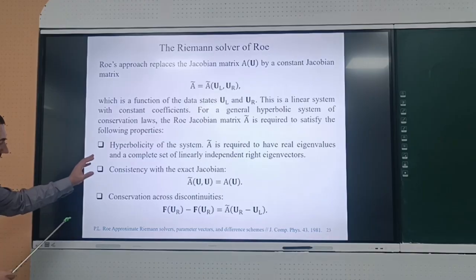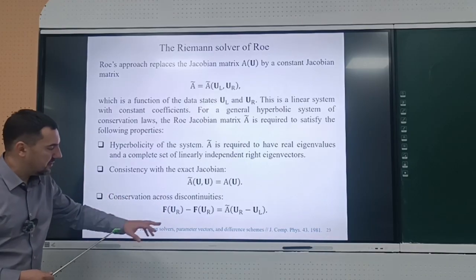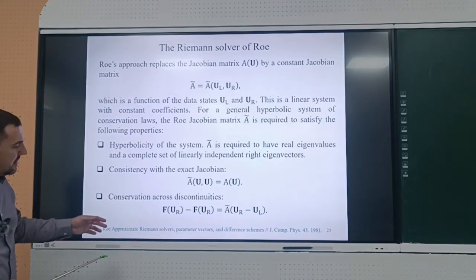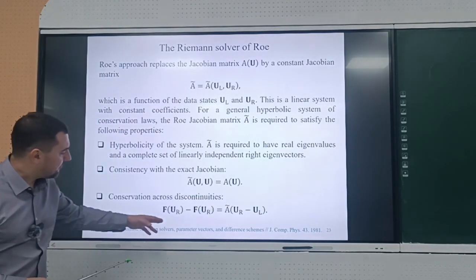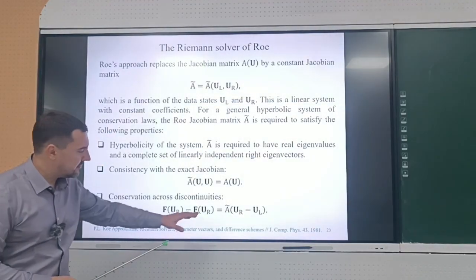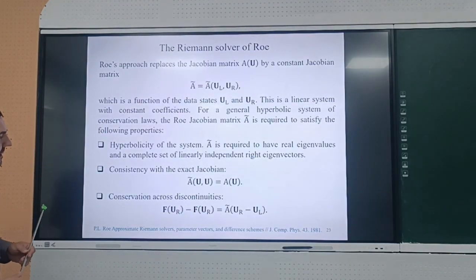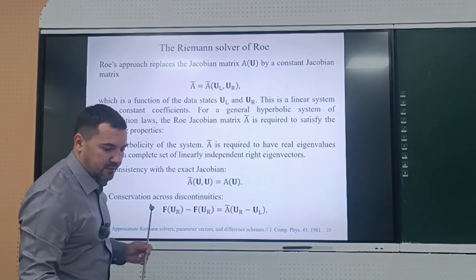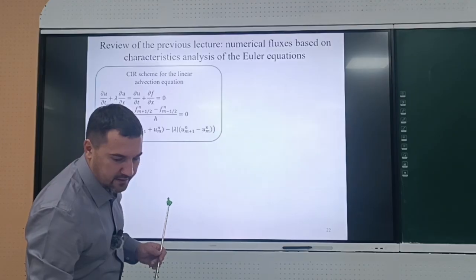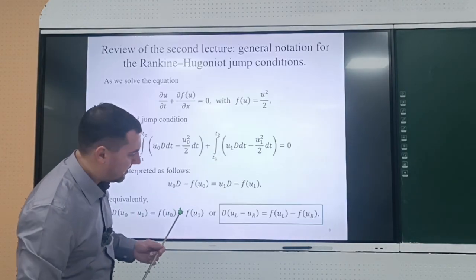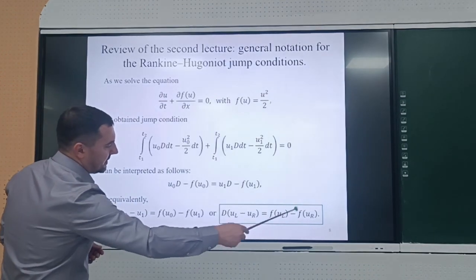And the most important, the third one: conservation across discontinuity. Let's build the components of this matrix A so that the Rankine-Hugoniot jump conditions are valid. This one. You can see it looks like this expression.